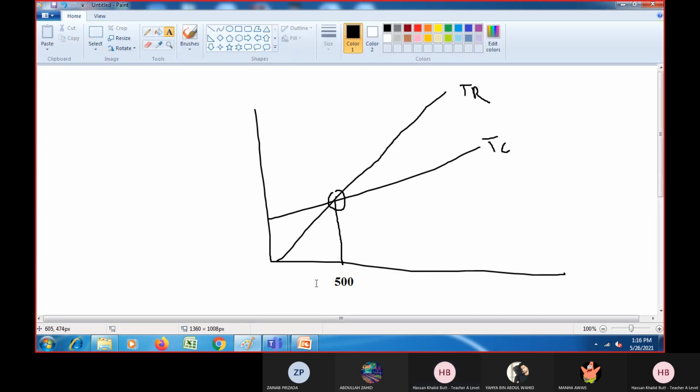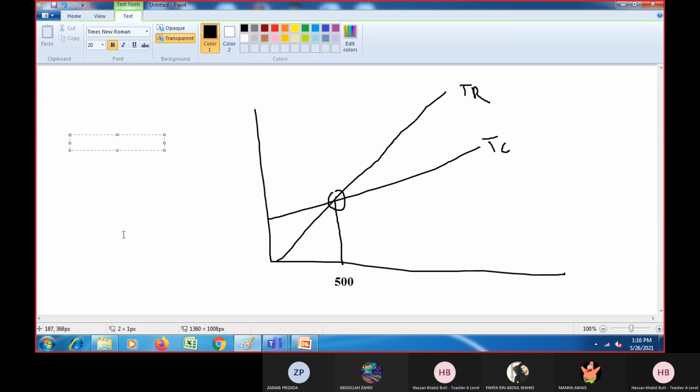Now the business feels this is too far away. Okay. So they want to bring that closer, or they can make changes to affect the break even. Now let me tell you, there are two ways to bring the break even down. One is you can increase price.